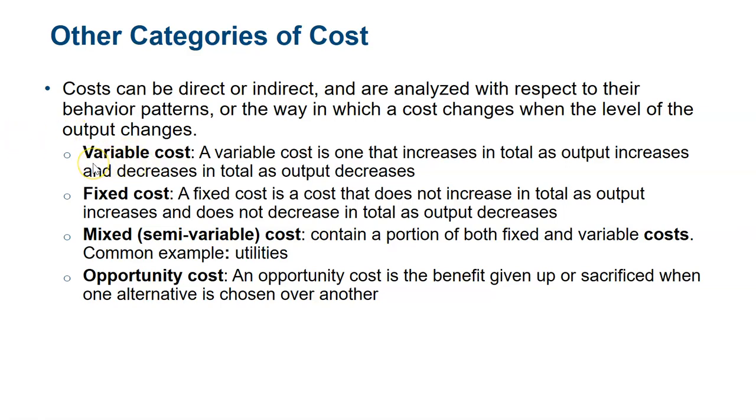Let's look at variable cost. It says a variable cost is one that increases in total as output increases, or decreases in total as output decreases. So when we think about this, say we want to make a swimming pool.